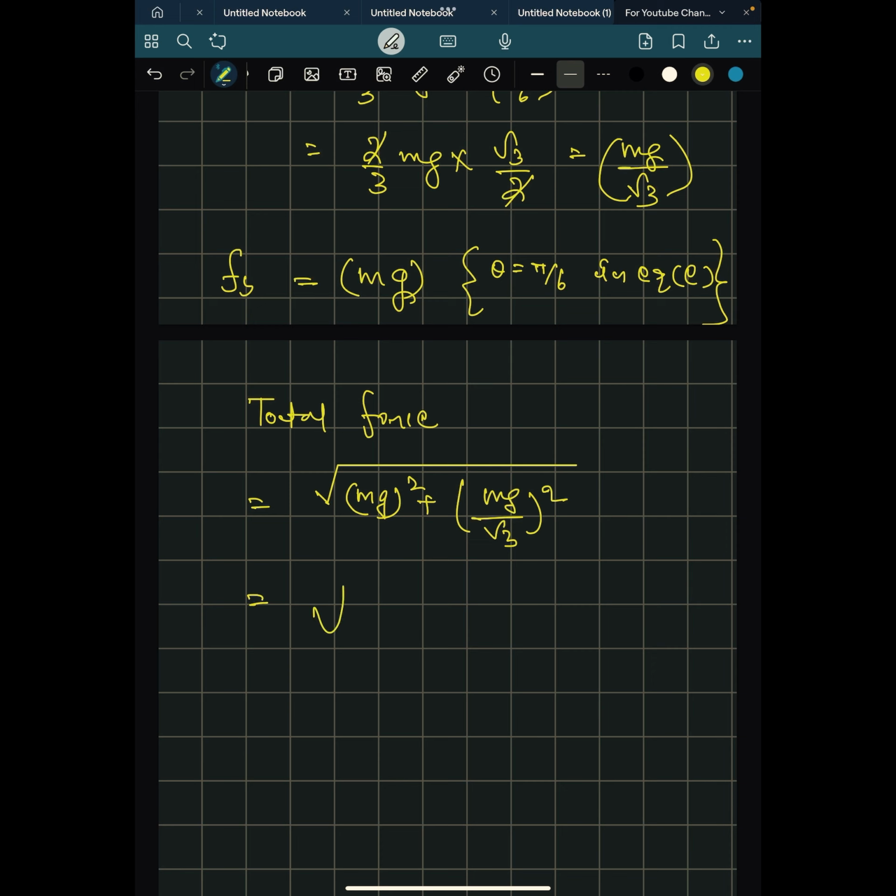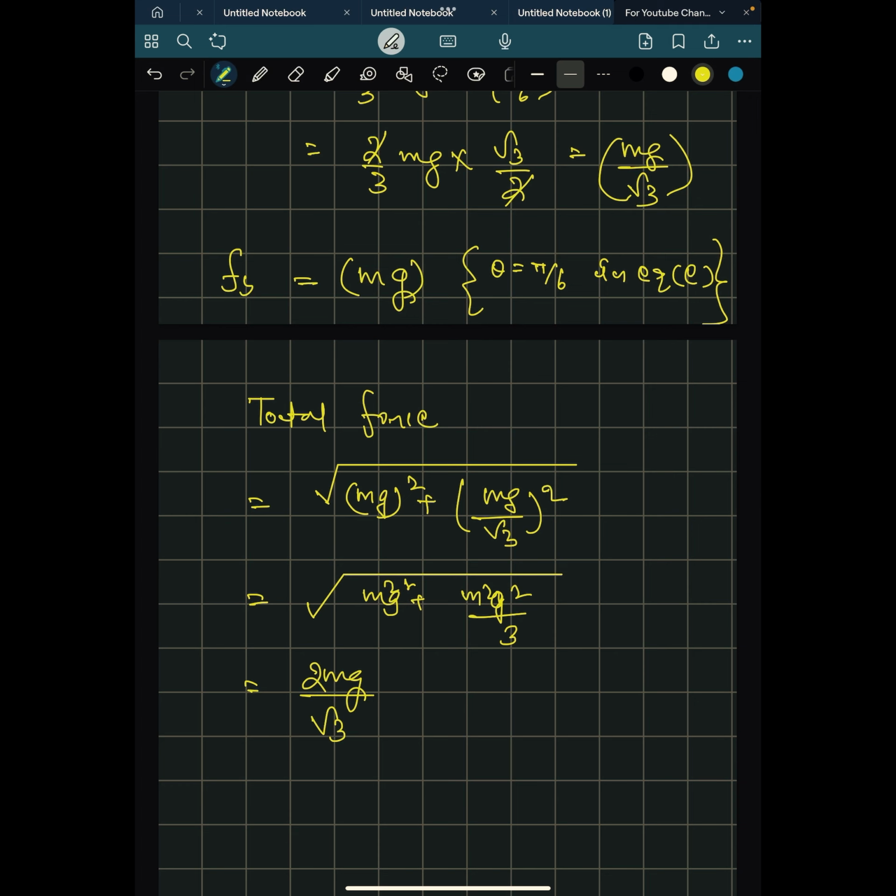Okay, so it will be m square g square, mg times root of 1 plus 1 by 3, which is 4 by 3. It will be just this. This is the total force acting on the corner. Total force acting on the ladder at the corner.